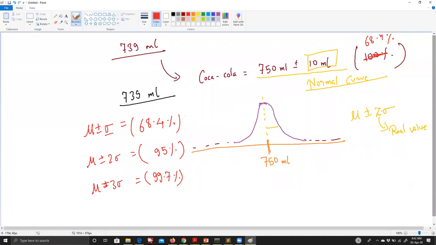So doesn't it mean that out of all the bottles manufactured by Coca-Cola, because it's a normal curve, and a normal curve follows this property that mu plus minus sigma will only be 68.4%, if you are claiming 750 ml plus minus 10 ml and telling me that sigma happens to be 10 ml, then only 68.4% of total bottles will follow this rule, right?